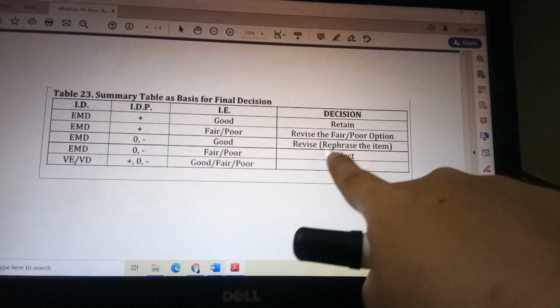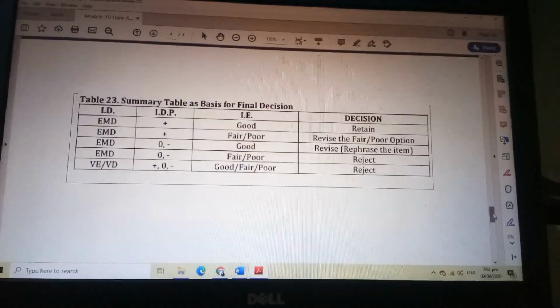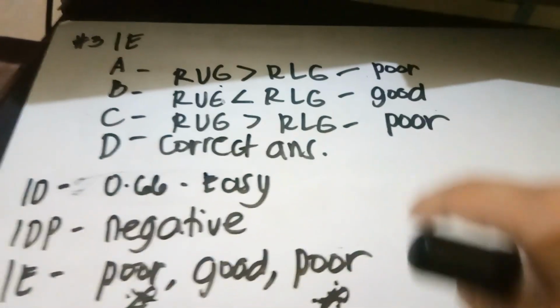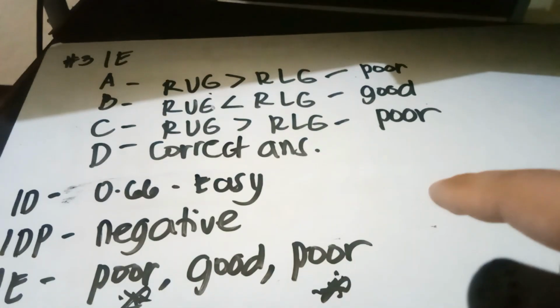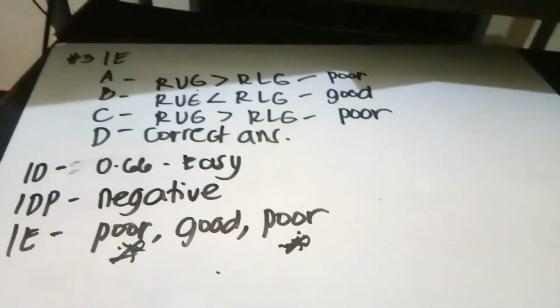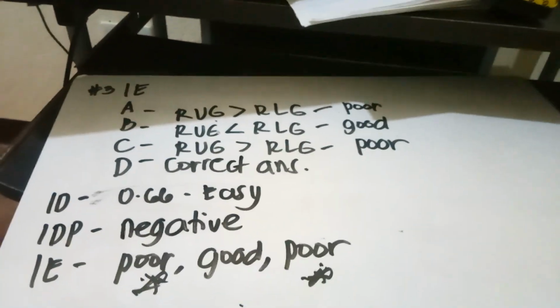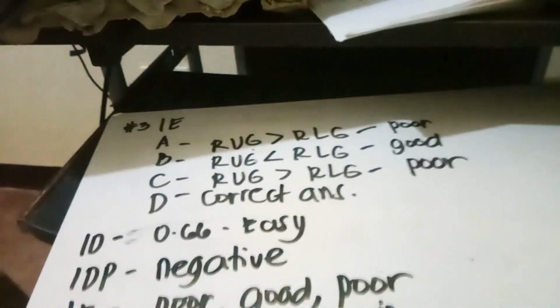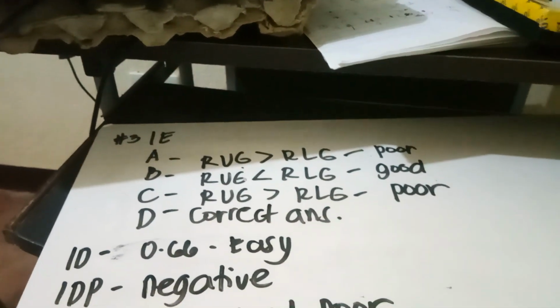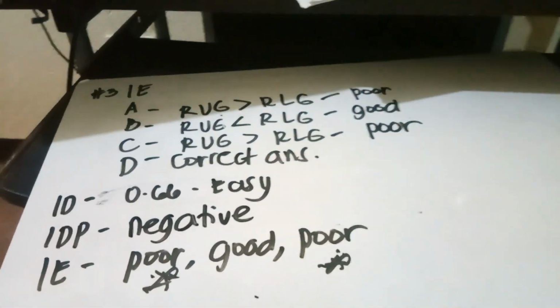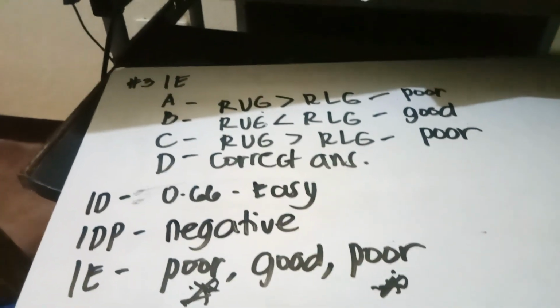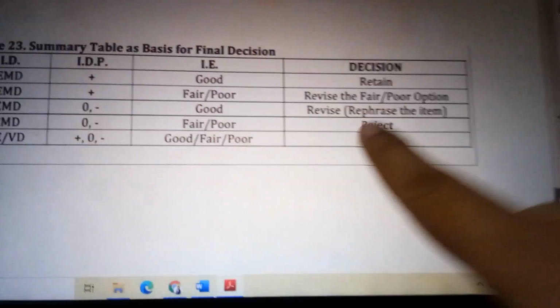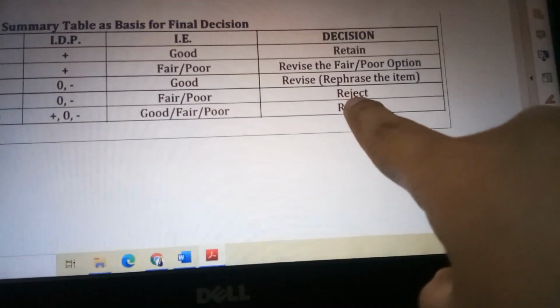Therefore, you still need to reject this particular item. So, this item that we computed will be rejected from your test question. If you will use your test question again next time you conduct your exam, change that particular item entirely, because according to the item analysis, you need to reject it.